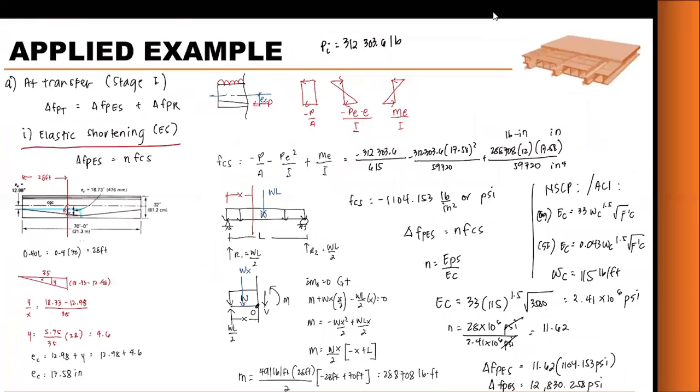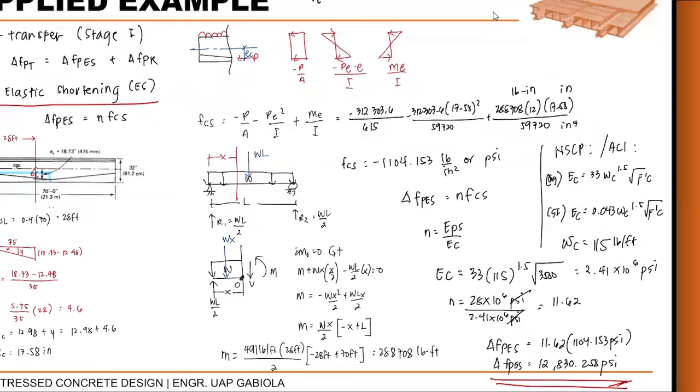So dito, since yung ating N is our modular ratio, yung nasa ilalim niya is yung modulus of elasticity of concrete na according to NSCP and ACI. For English, we have a formula for ito, no? Kasi lightweight yung concrete natin. Ito yung gagamitin natin for English. And then for metric, meron din tayong formula for that. Okay? So, assume natin na given si 115 as the weight of concrete.